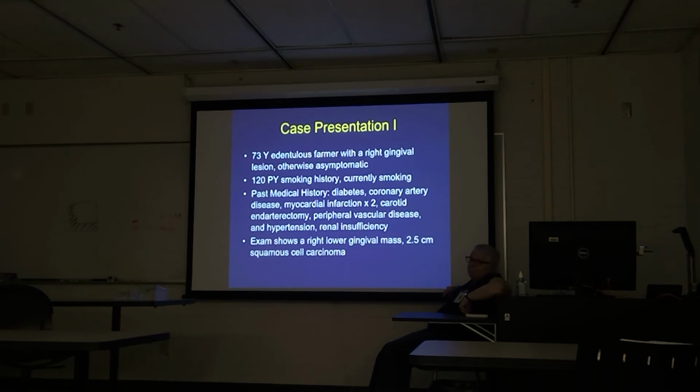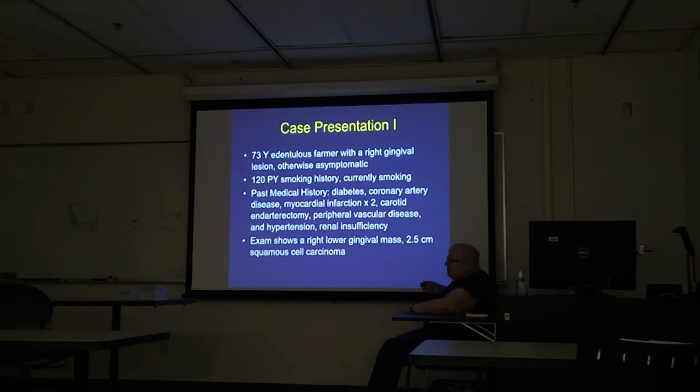Right, gingival lesion, but we're not going there yet. What's edentulous? Maybe he's got dentures. No, he has no teeth. So he may have dentures, but he has no teeth. He has no teeth, with a right gingival lesion, otherwise asymptomatic.